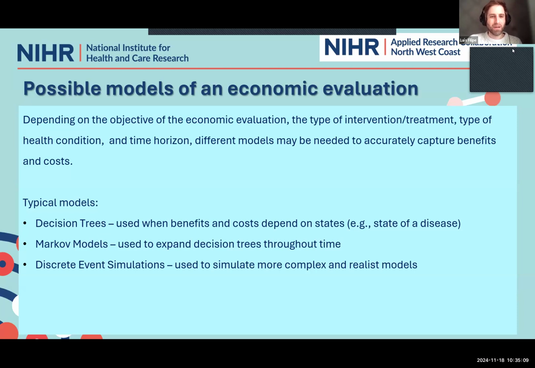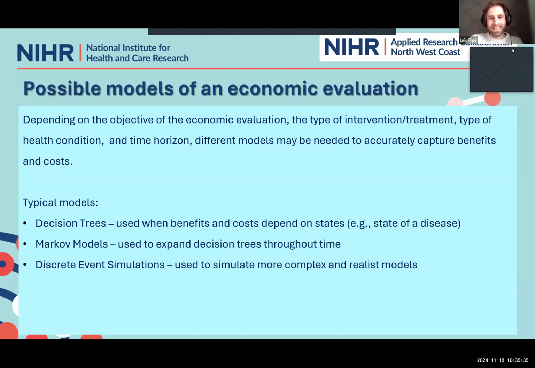It's that you can look at the paper, understand what is being done and interpret it. That's the idea. So that said, I'm going to explain how to model in economic evaluation. If you have any questions, please feel free to just unmute yourself and ask. And again, if by the end of it you still don't understand everything completely, don't worry, it's normal, because this is going to be fast.